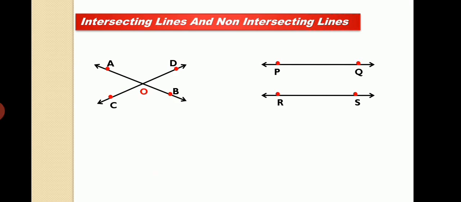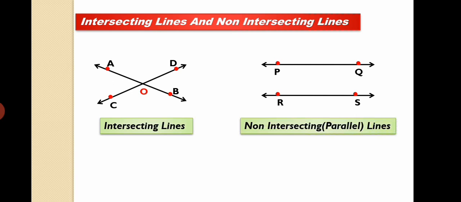Student, if we draw in any surface two lines, there are two possibilities. Both the lines intersect each other, or both the lines are parallel to each other, which means they will not intersect each other.